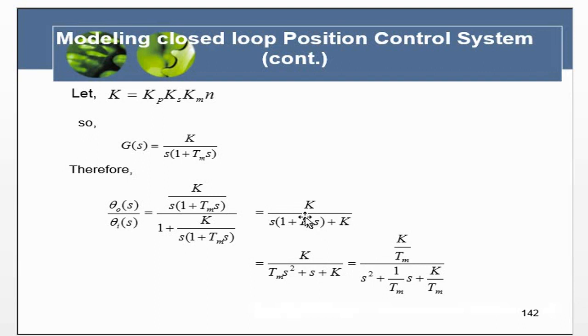Then we get K per [S(1 + TmS) + K]. If we multiply inside the bracket, we get K per (TmS² + S + K). If we divide the numerator and denominator by Tm, we get (K/Tm) per (S² + (1/Tm)S + K/Tm). It is a second order system.